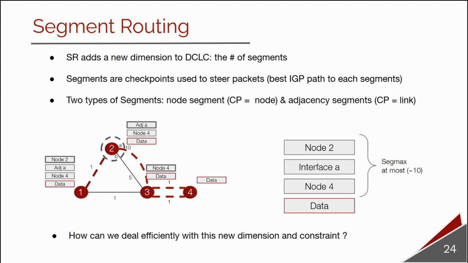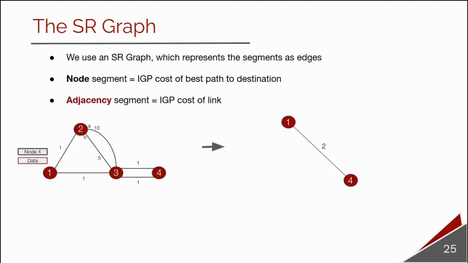Well, we are going to use a construct known as an SR graph. Simply put, an SR graph represents the segments as edges. Right? So for example, from node 1, I could use a node segment to get to 4, and my packet will do so by following the best IGP path, which has a cost of 2.